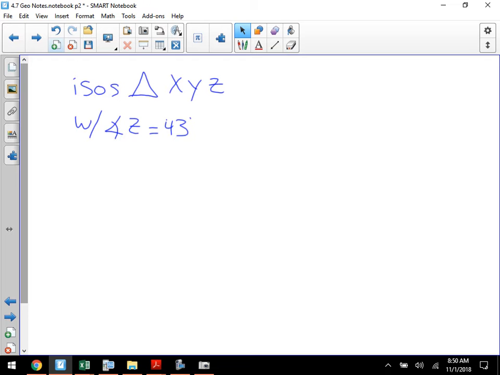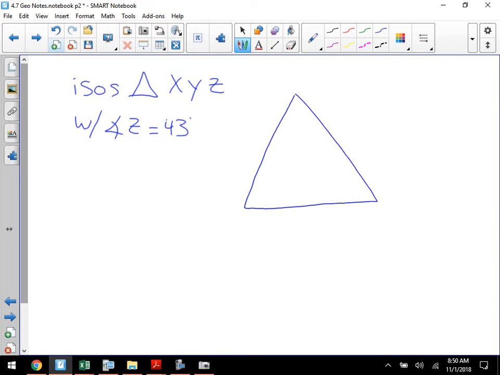All right? So what should you do first? Which one's the vertex? Good. So we draw it. We know that Y is that vertex angle. If Y is the vertex angle, what are the two sides that have to be congruent?